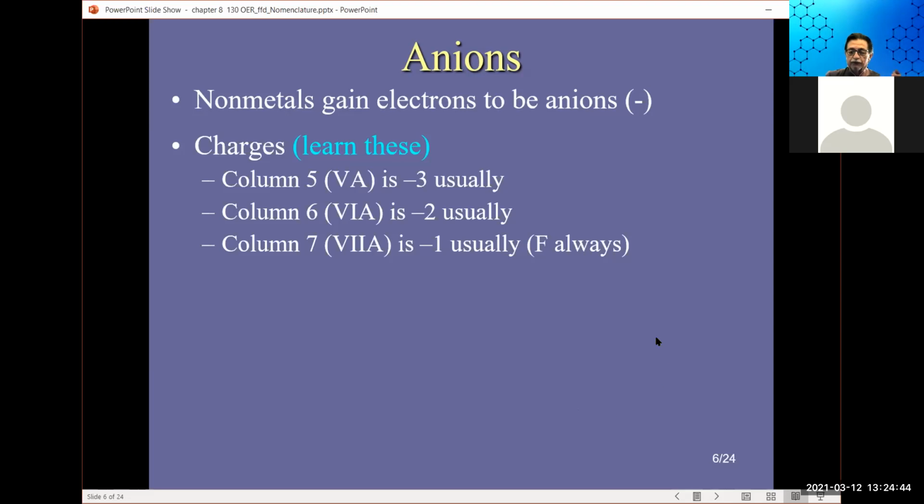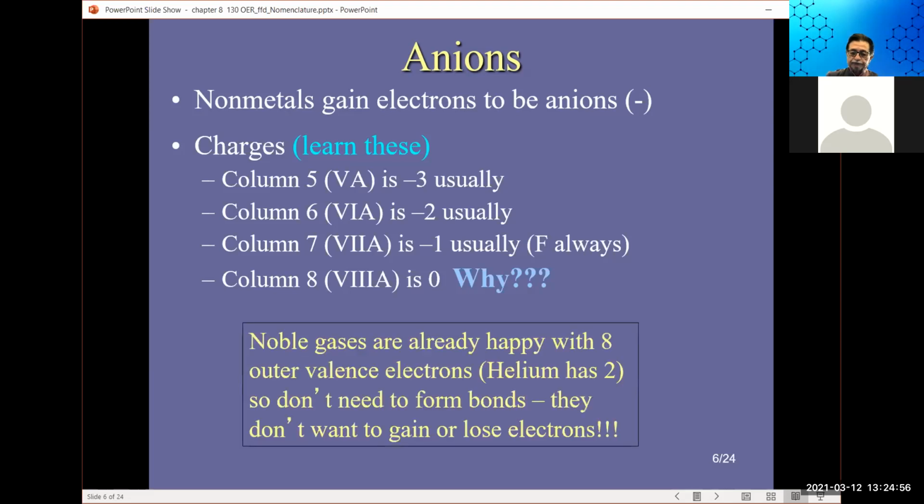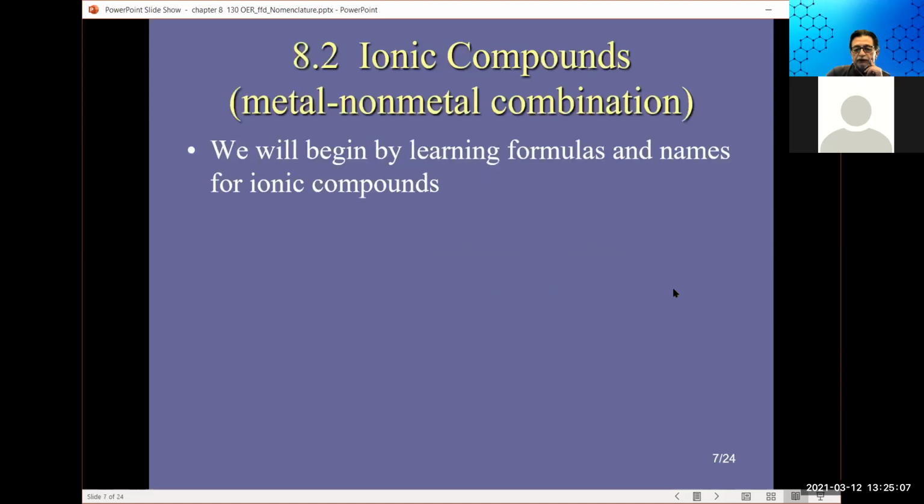Therefore, the oxidation number changes. And of course, group 8, we have the octet. So all the noble gases have an oxidation number of 0. Okay. Because of the magical 8, if you will, 8 valence electrons, with the exception of helium, which has 2.